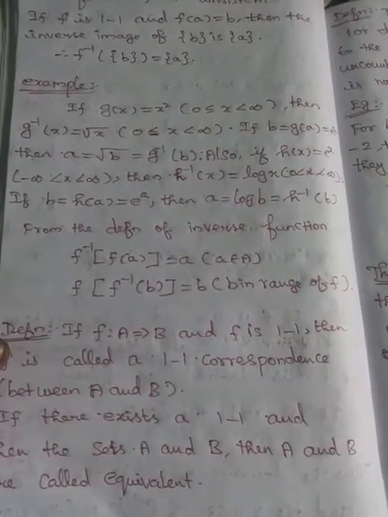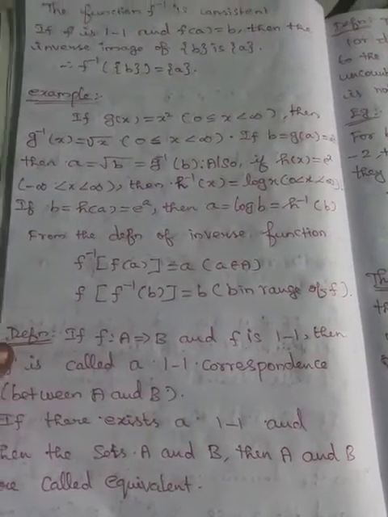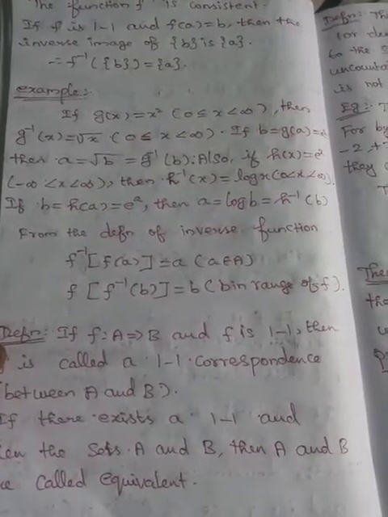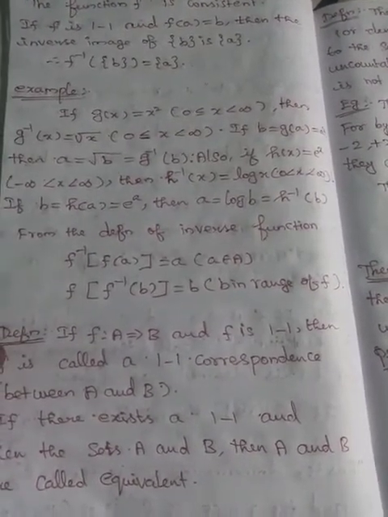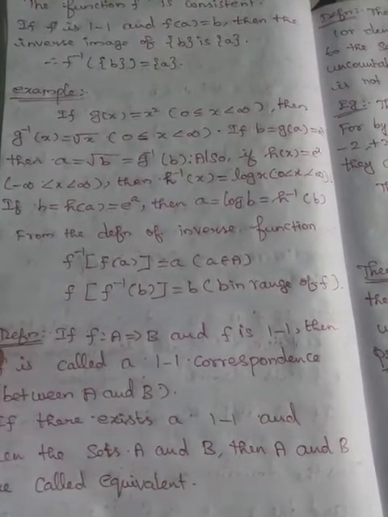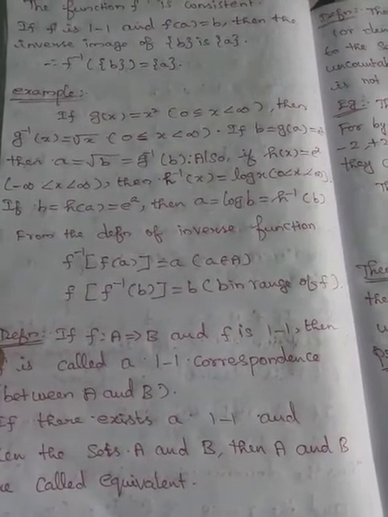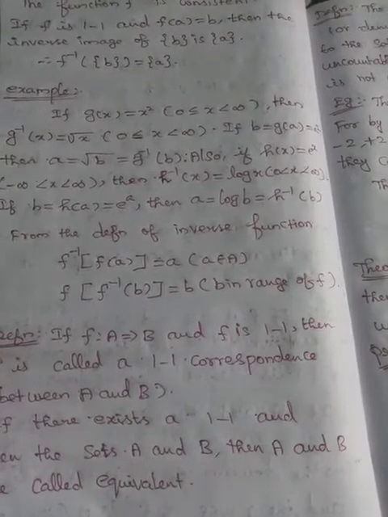If b equal to h of A equal to e power a, then a equal to log b equal to h inverse of b. From the definition of inverse function, f inverse of f of A equal to a, a belongs to A. F of f inverse of b equal to b, b in range of f.